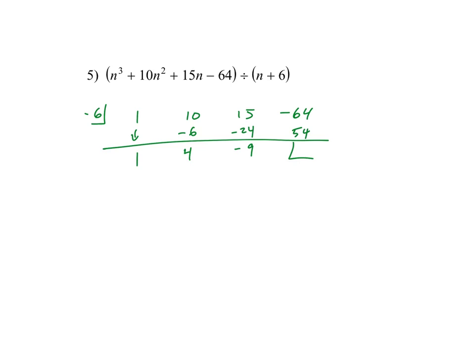So that means negative 64 plus 54 is negative 10. So q of n equals n squared plus 4n minus 9 minus 10 divided by n plus 6.